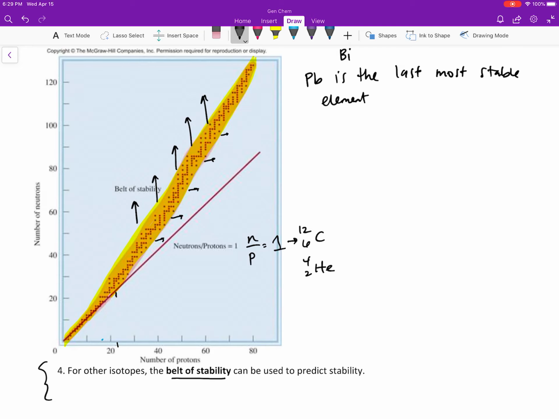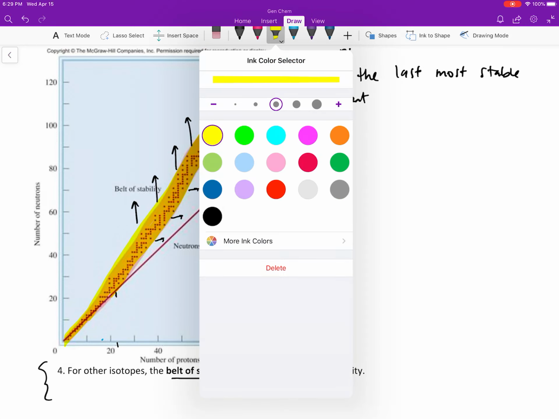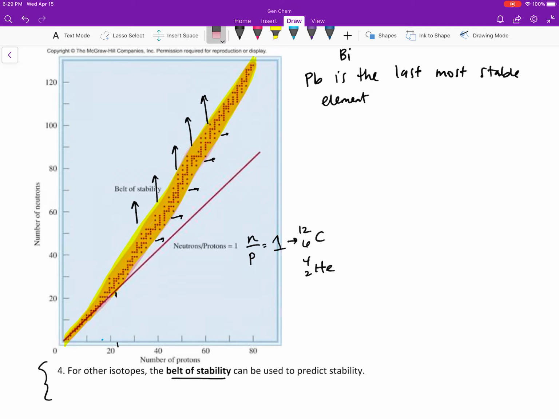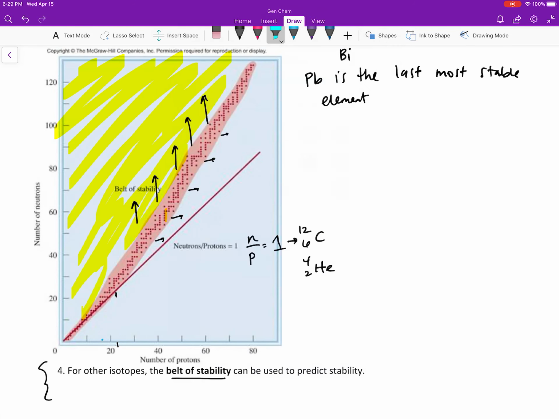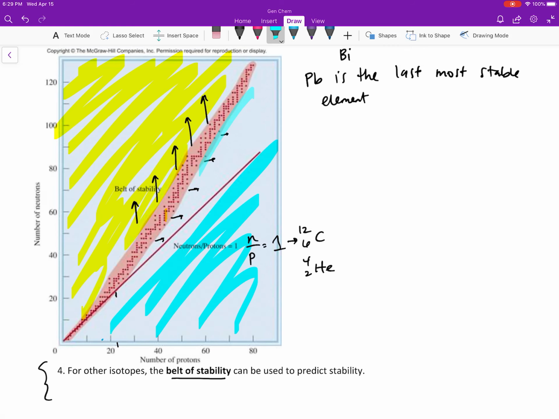Okay, now we have 2 regions on this graph, and I shouldn't have used my yellow. Maybe I'll erase the yellow because that shows up really nice on the graph. All right, so we have this region here, the area above the belt of stability, and then we have the region below, which is below the belt of stability.